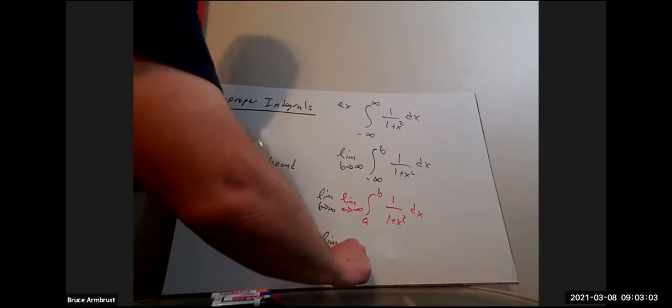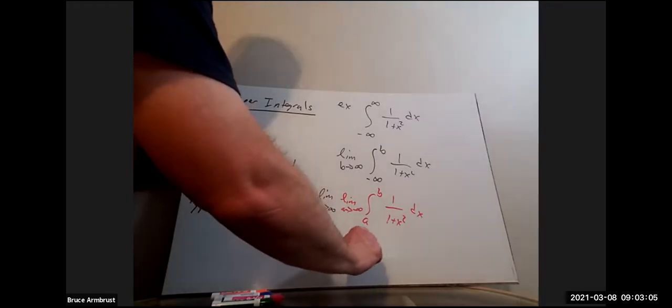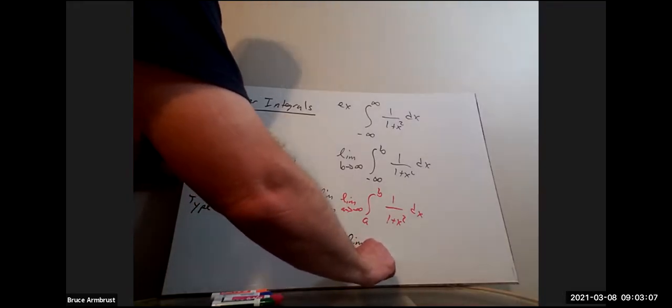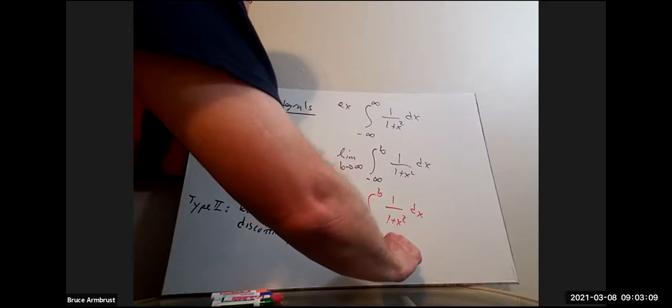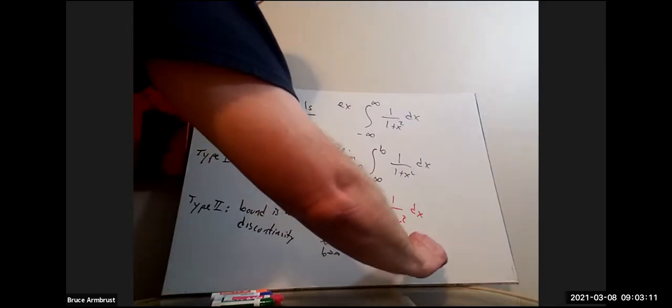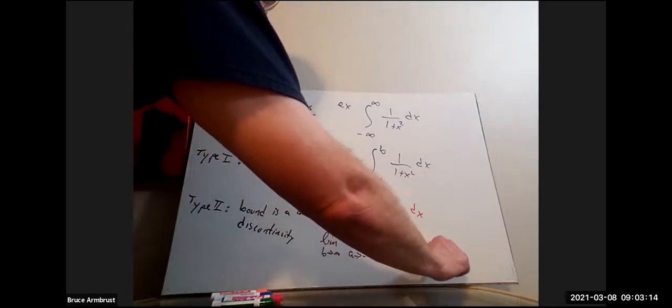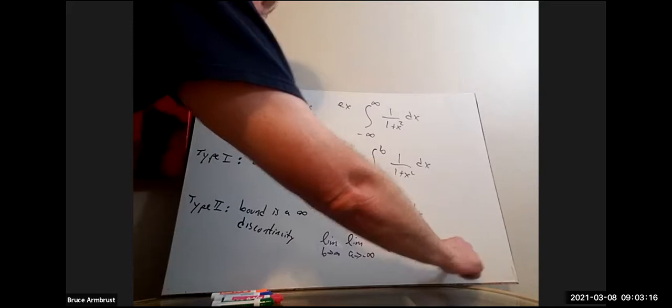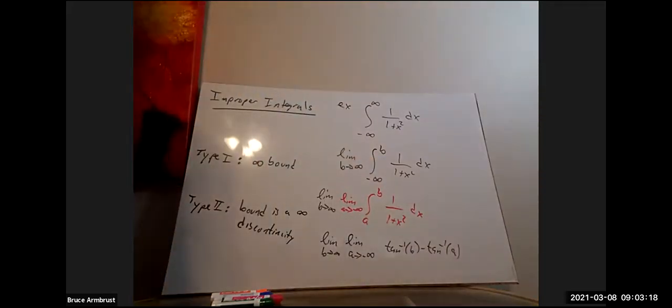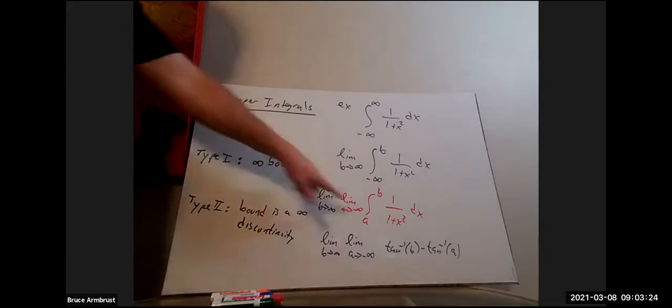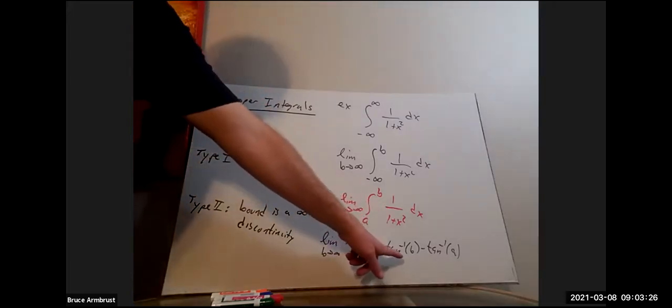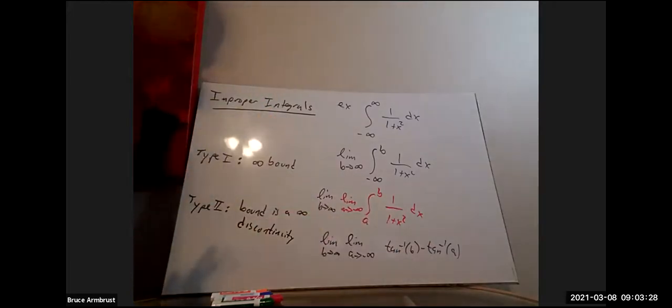So the limit as b goes to infinity of the limit as a goes to minus infinity of inverse tangent of b minus inverse tangent of a. So the inverse tangent was the antiderivative of that, and then I'm plugging in b and a as my bounds.